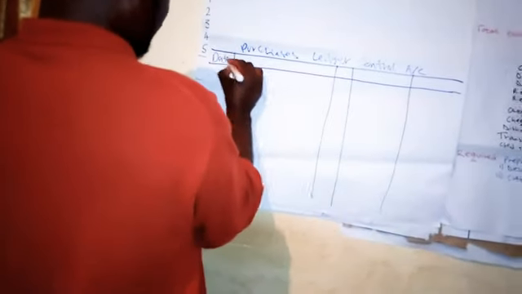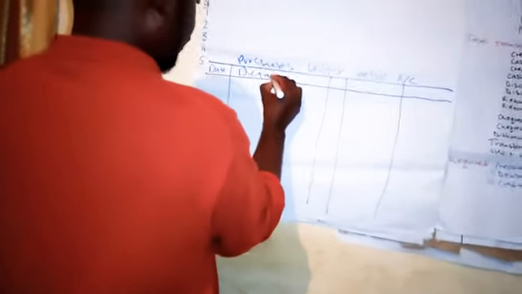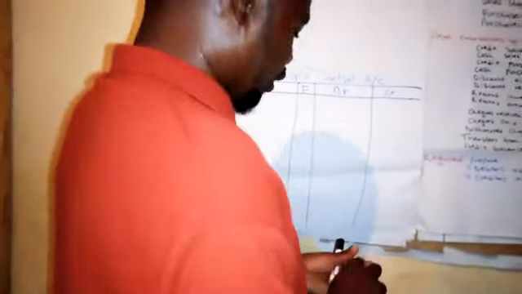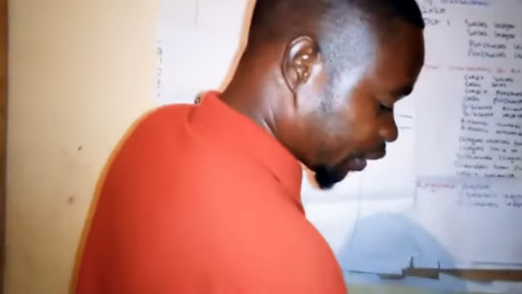So the details for your debit, credit. All right, so let us look at the items that we have here now.